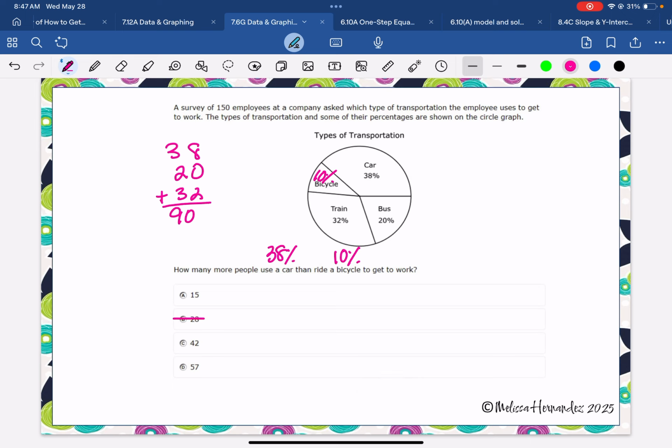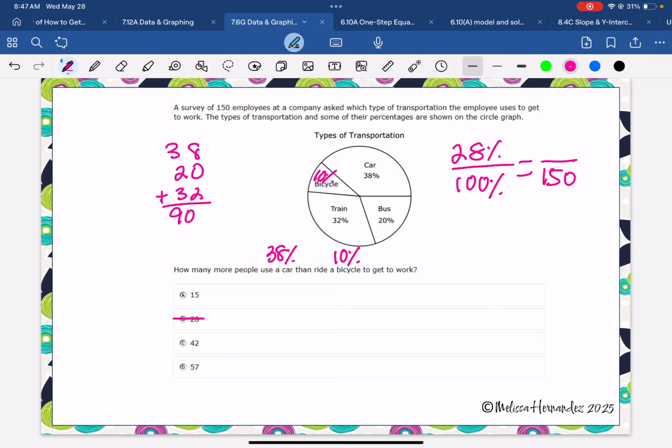represents. So I'm going to set up a proportion with 28% over 100%. And I know that 100% represents 150. I'm trying to figure out what 28% represents. So I can either go from 100% and scale down to get to 28%, or I can go from 100% to 150 and scale up.